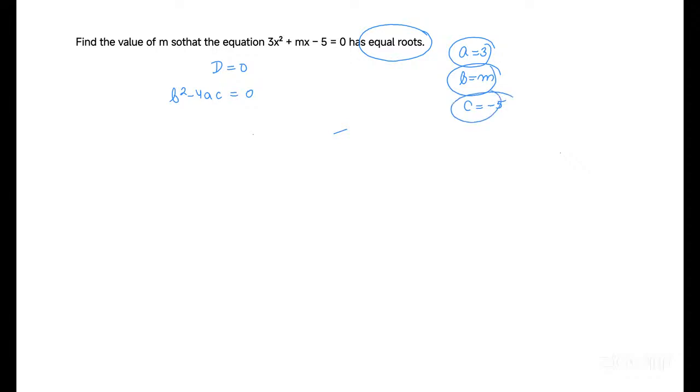So now I will put in the values. It becomes m square minus 4 into 3 into minus 5 is equal to 0. Minus and minus become plus, so m square plus 60 is equal to 0.